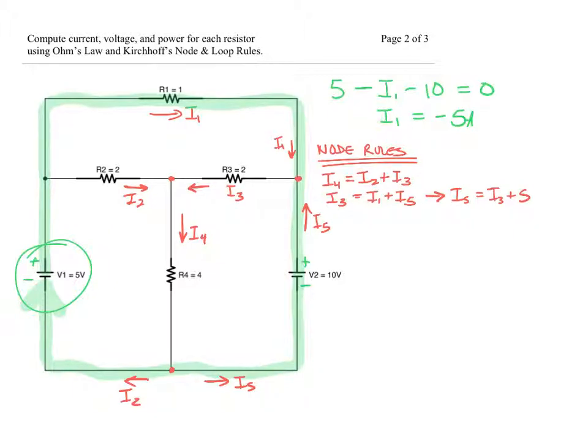And so this equation and that equation are going to become useful because I have common unknowns, 2 equations with 3 unknowns in there. All right. So we got a couple of node rules. We could probably write one more for the other node, but we'll see if we need that when we get there.